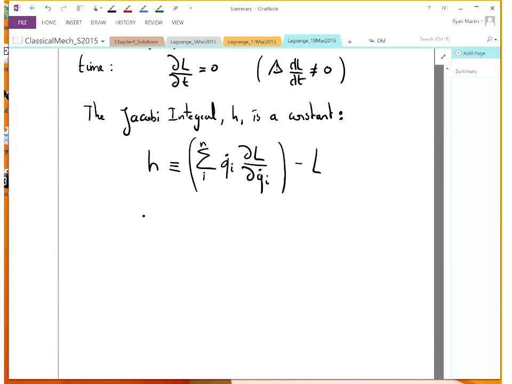So saying that mathematically, if ∂L/∂t equals 0, then dh/dt equals 0. Right? And so if d/dt, the total derivative of something with respect to time, is equal to 0, that thing is constant in time.